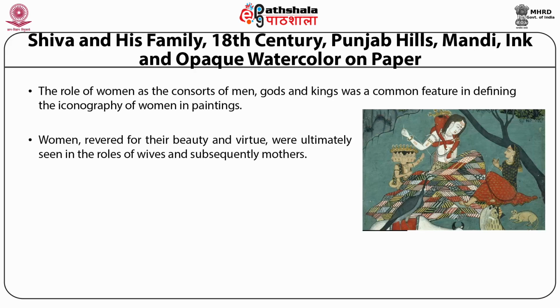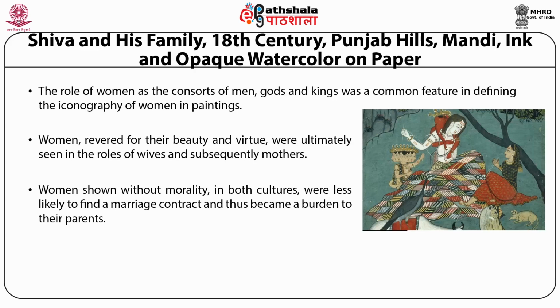Women, revered in their beauty and virtue, were ultimately seen in the role of wives and subsequently mothers. It could be understood that all the ideals of their depictions ultimately lead to the importance of their integrity in settling into a family unit.